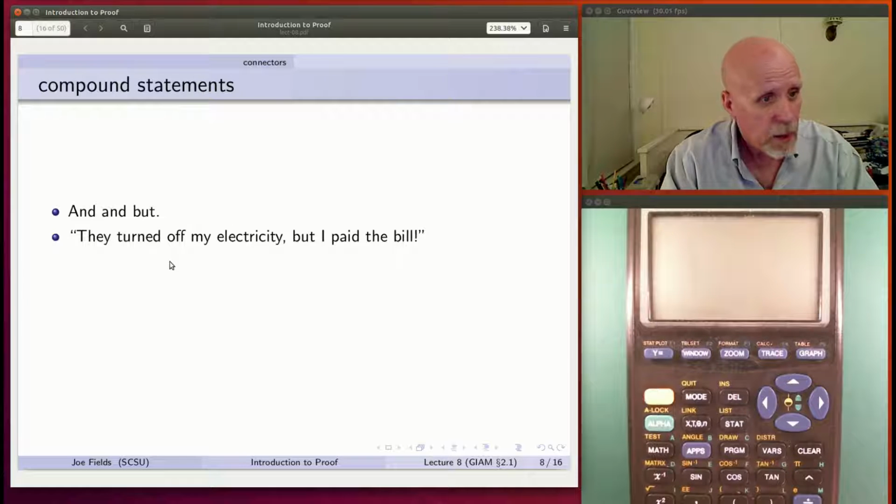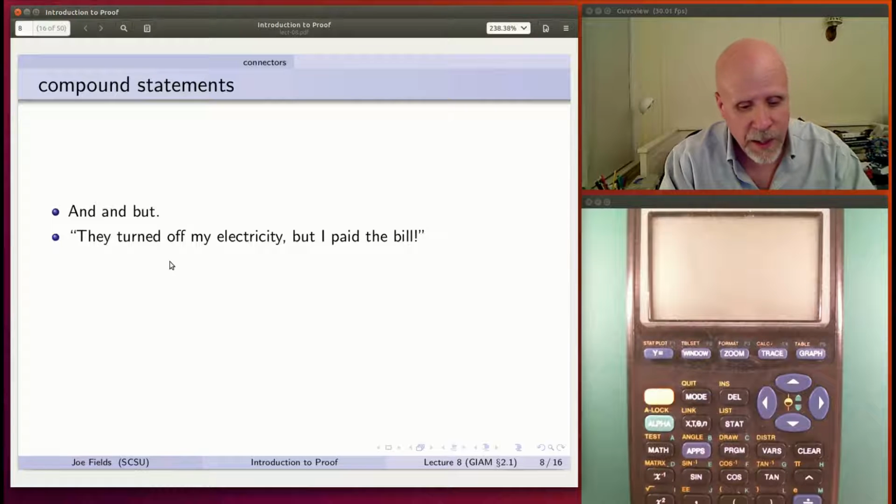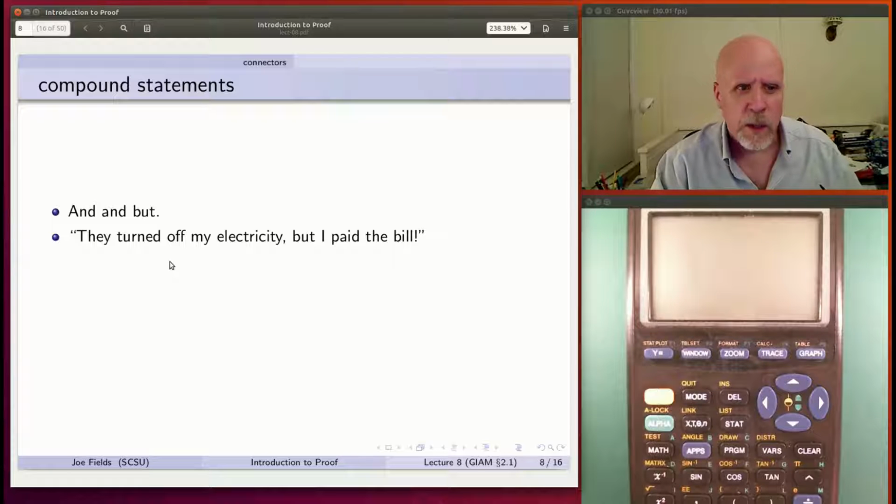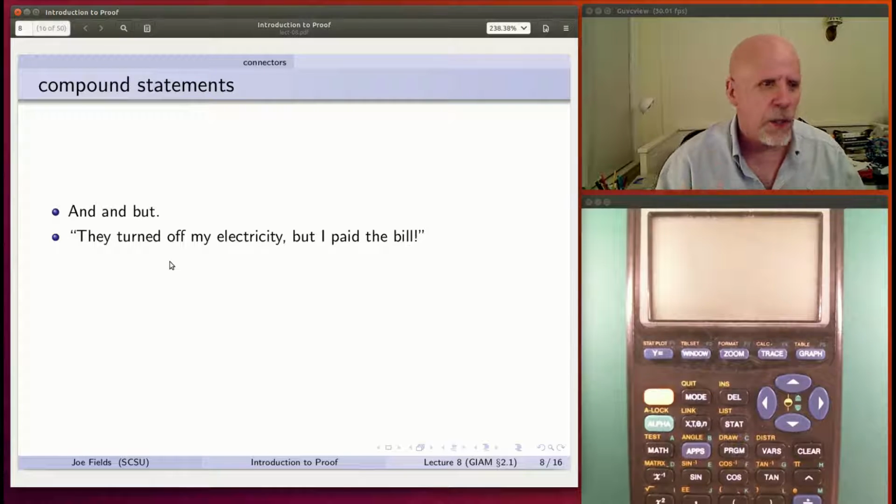Isn't that what and means? If I say, I like ham and I like eggs, it means both of those things are true. So, but has the same meaning as and. I always find that strange. It's not as uncommon as you might think for languages to have words that have exactly the same denotation. They mean literally the same thing.